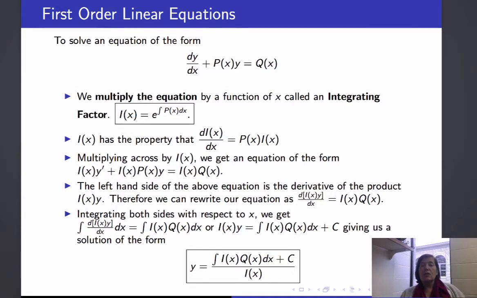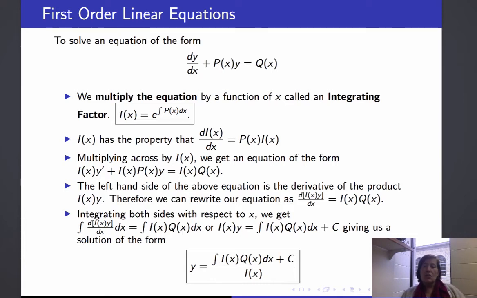Of course the integral of the derivative is the function itself, because these two operations are inverses of each other. So on the left-hand side, that whole mess boils down to I of x times y plus c, and on the right-hand side we get the integral of I of x times q of x dx.